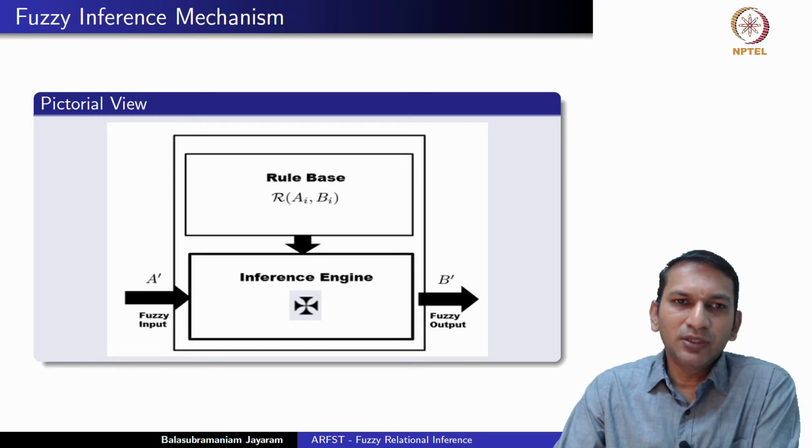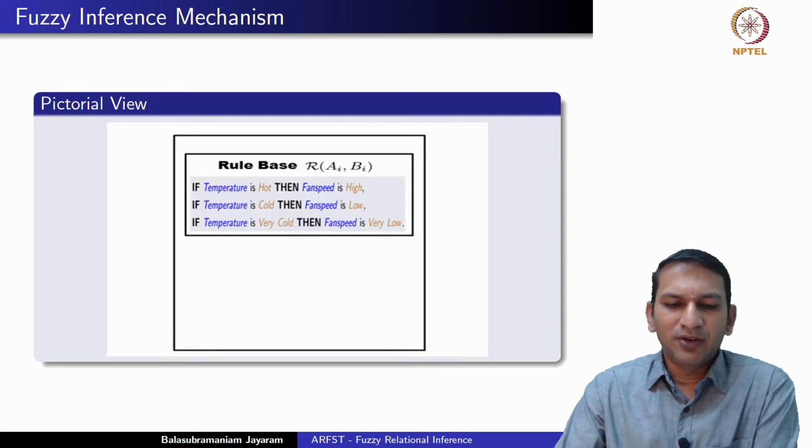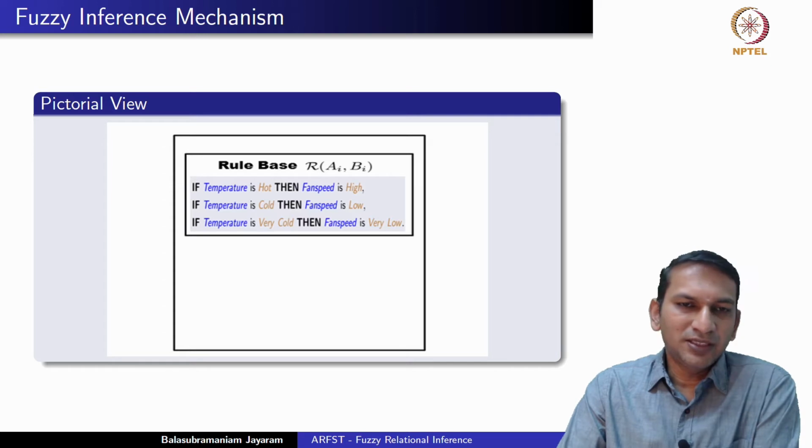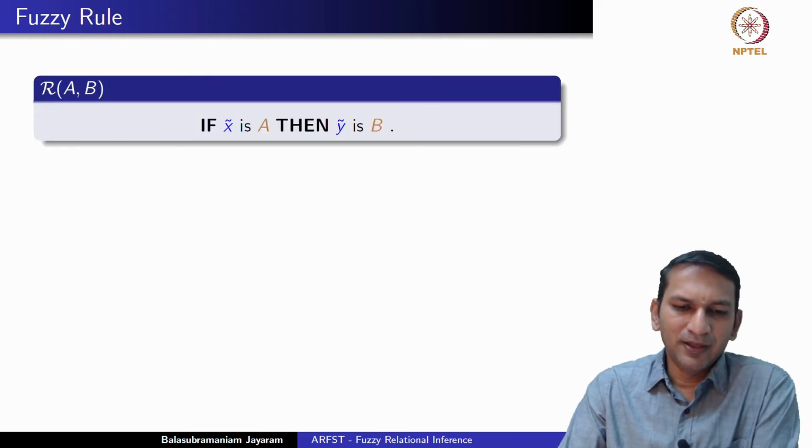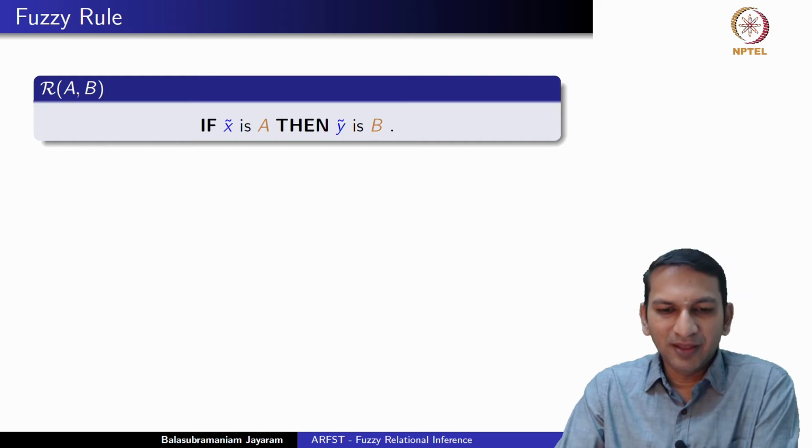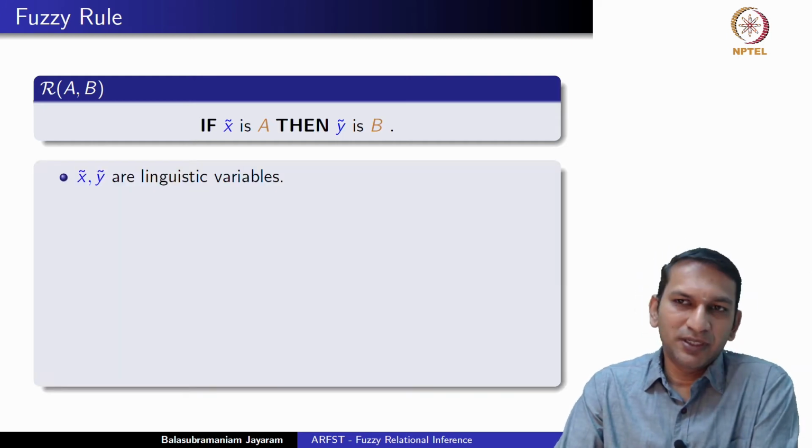Let's look into these two important components, the rule base and the inference engine. Now, a rule base, as we have seen, is a collection of fuzzy if-then rules. Let's have a quick recap of how a fuzzy if-then rule looks. We know that a fuzzy if-then rule connects two fuzzy propositions, x tilde is A and y tilde is B. And how do we interpret them?